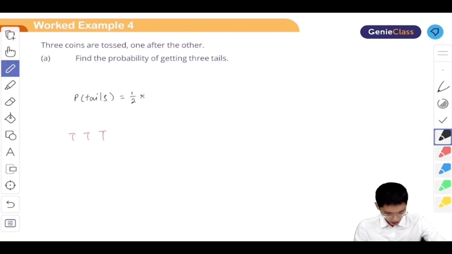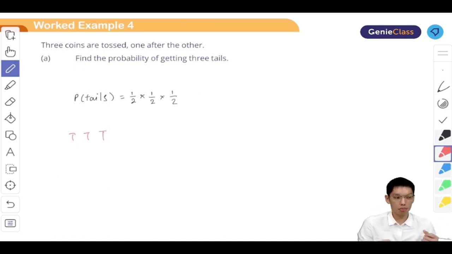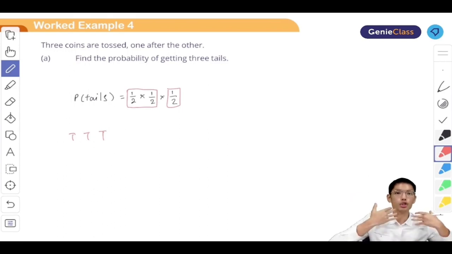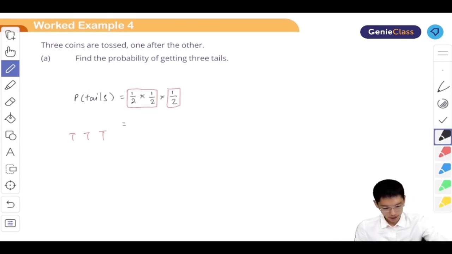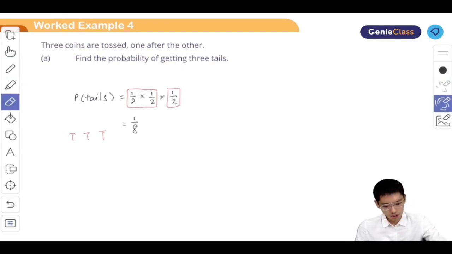Also half. My third tail? Also half. So my multiplication rule applies not only for 2 events, but for more, because you can consider this as one event and this as my second event, multiplying them cumulatively, which gives 1/8.